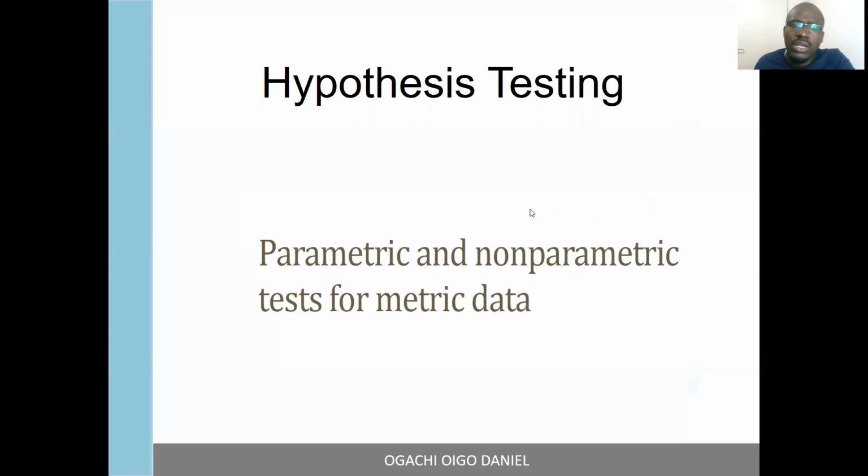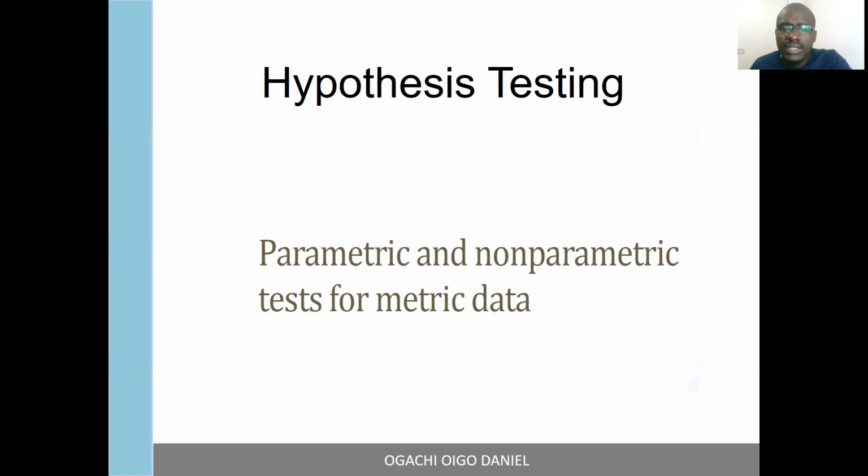So actually, before we proceed, I would like us to introduce very key terminologies that are going to be used in testing of hypotheses. We have parametric and non-parametric tests for data, which rely on whether the data is normally distributed or not normally distributed.